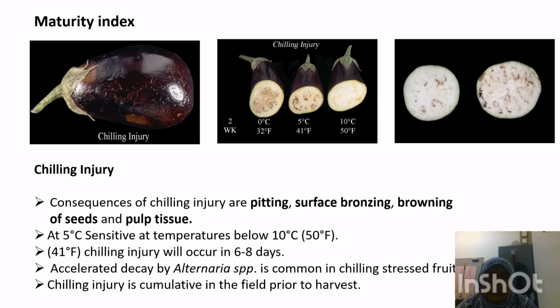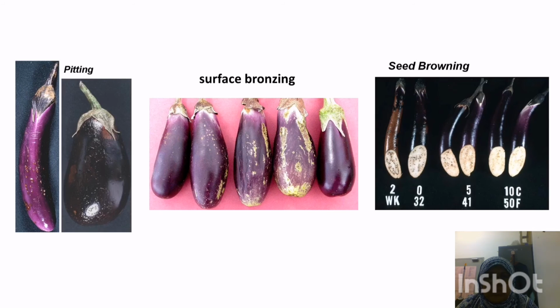Shelling index, which will occur in 5 to 8 days. Alternaria spp. is common in stressed fruit. Shelling injury is cumulative in the field prior to harvest. This is an example of the injury: pitting, surface bruising, and seed browning.